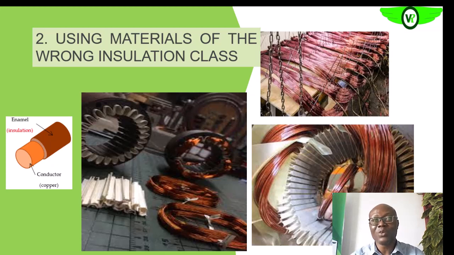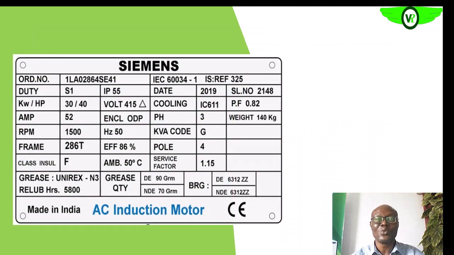As you well know, all electric motors have nameplates. So it is advisable that you look at the nameplate information and look at the temperature class that is stated in that nameplate.